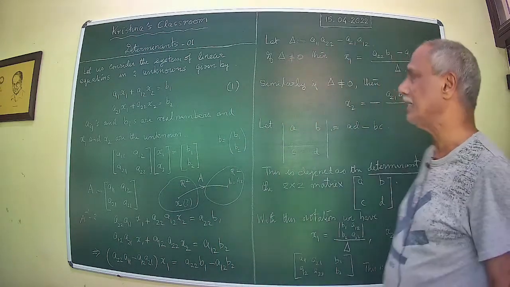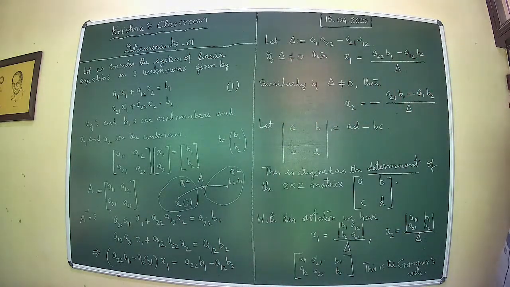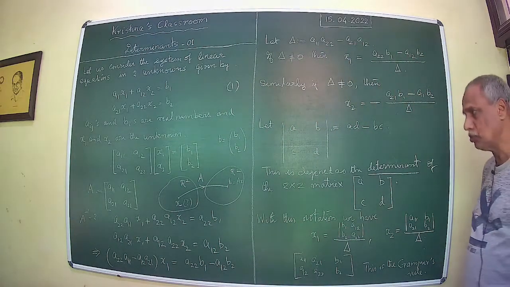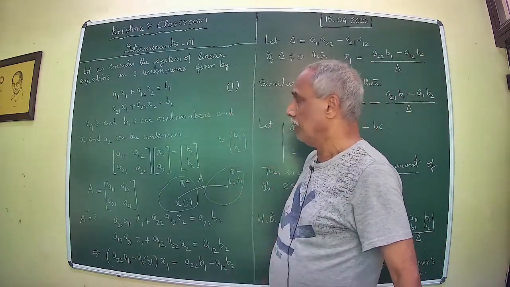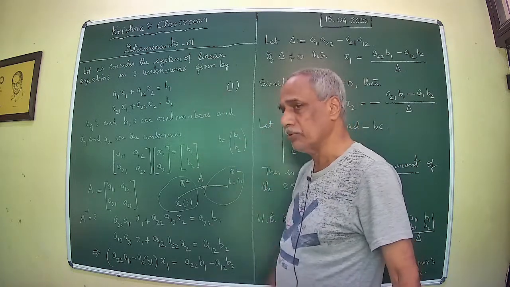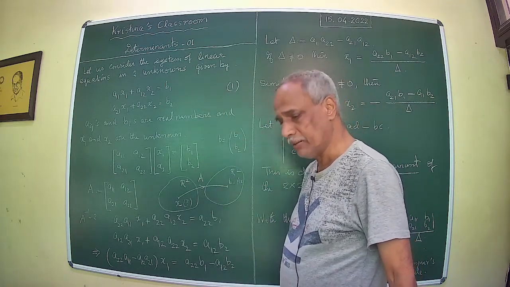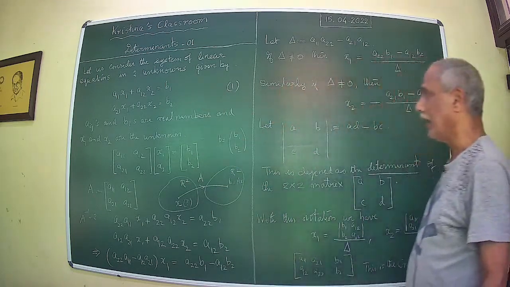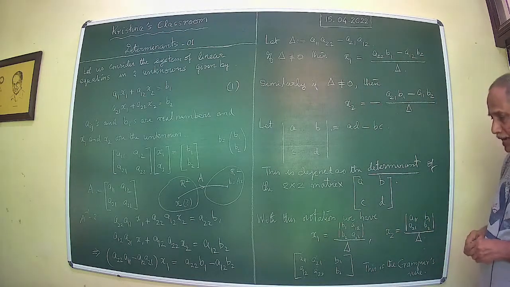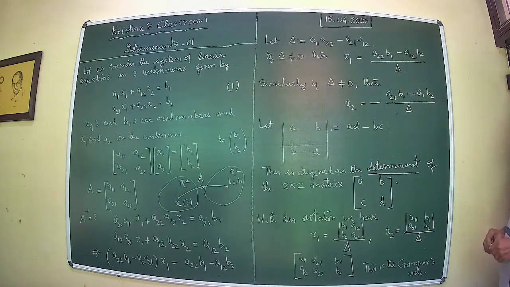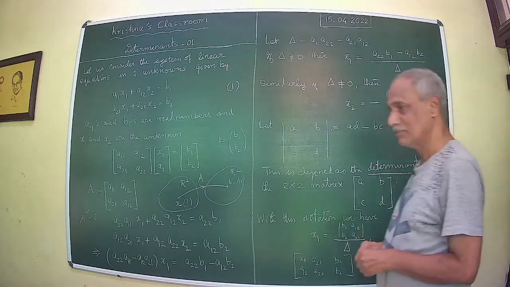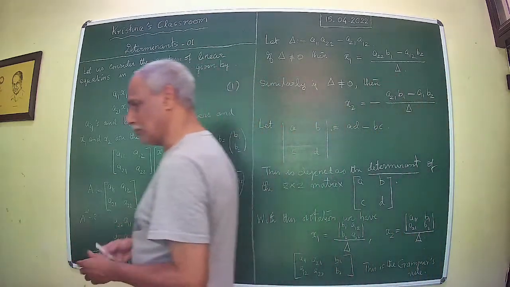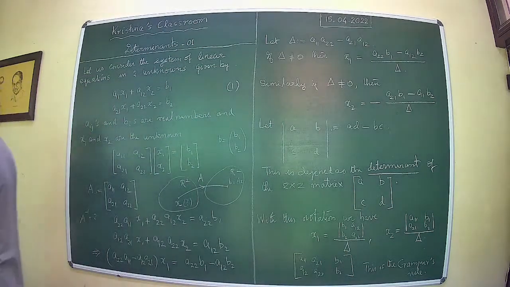So we have seen that the concept of determinants arises naturally while solving a pair of simultaneous equations, or even more generally a set of n linear equations in n unknowns. Okay, more generally. Now we will come to that later, but before that we will explore this further.